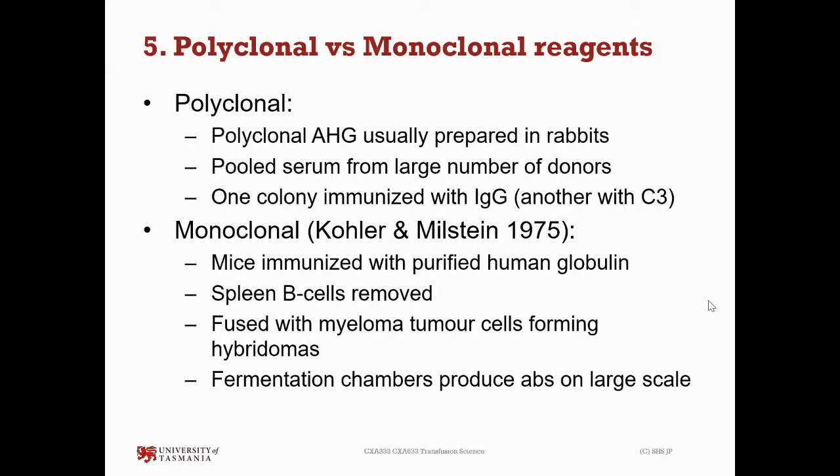You isolate the IgG fraction and the complement fraction. You inject the IgG fraction into one colony of animals of the same species, and the complement fraction into another colony of animals of the same species. You bleed the animals, collect the serum, so you end up with polyclonal antibodies. So the antibodies are produced by a number of different plasma cells from a number of different animals.